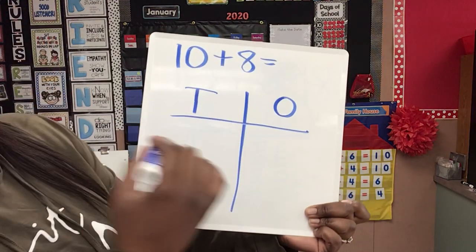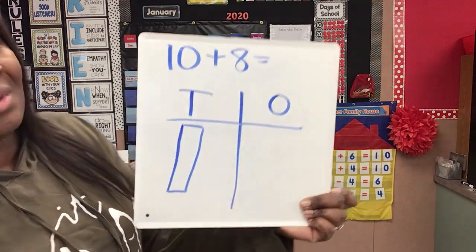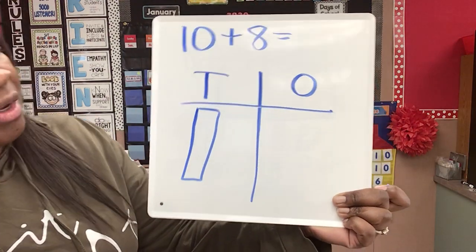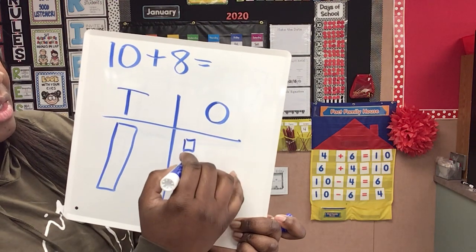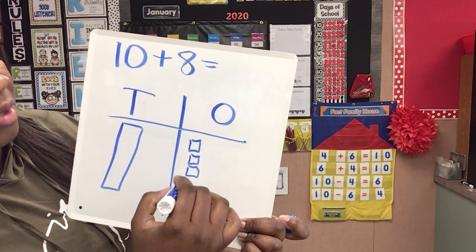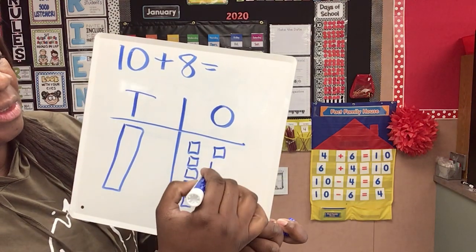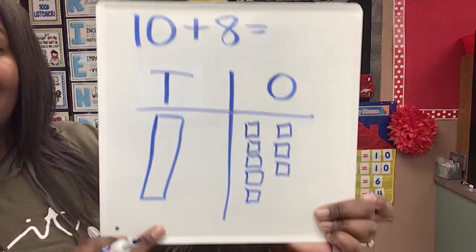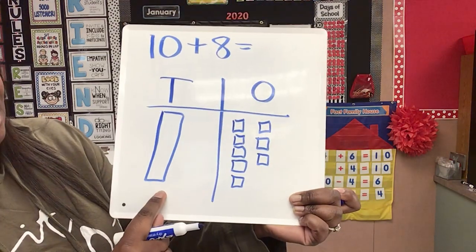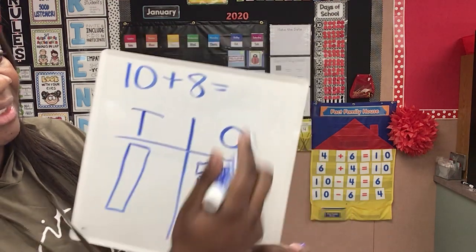Well, I know that we have a group of 10s. I always do a nice long rectangle. And then my group of 8, I usually do squares. 1, because it's the baby. 1, 2, 3, 4, 5, 6, 7, 8. If I add this together, 10, 11, 12, 13, 14, 15, 16, 17, 18.